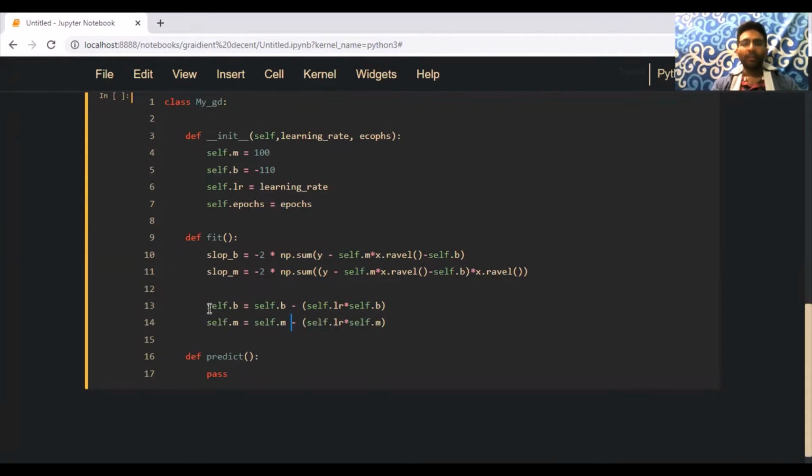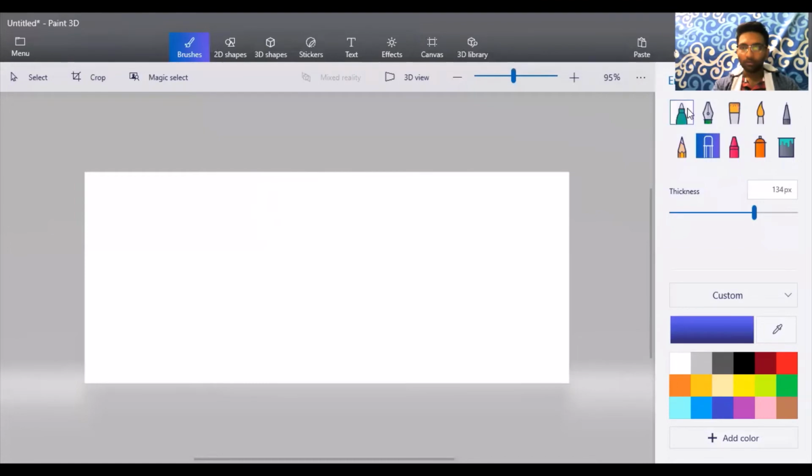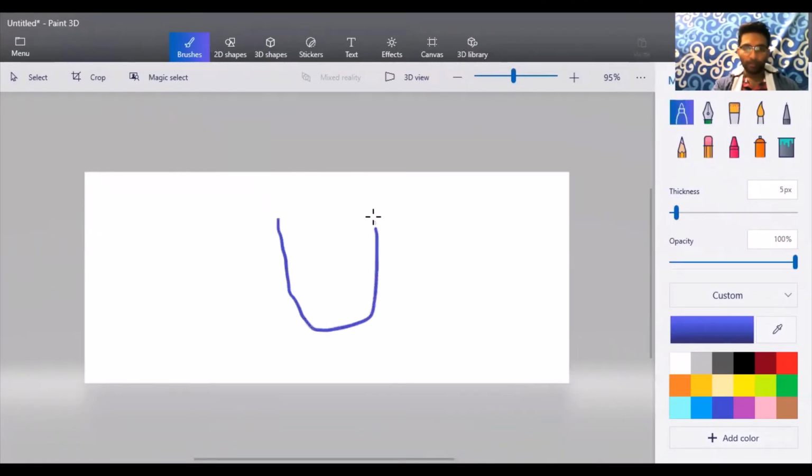So this is ready. We have given eyes to our function. How have we given eyes to our code? This minus sign is doing all the work. Now let me show it over here. Suppose this is my gradient descent.